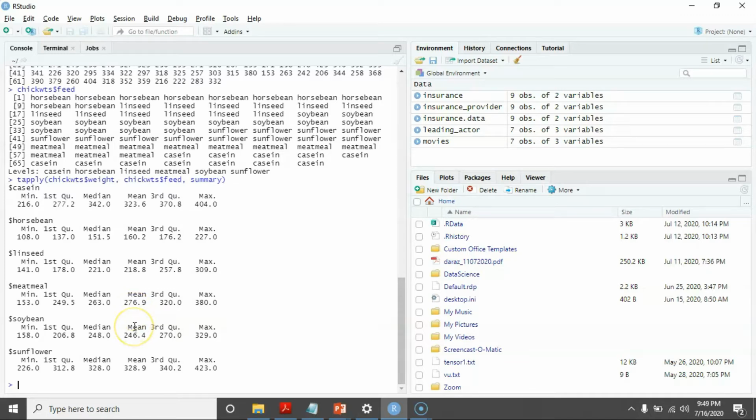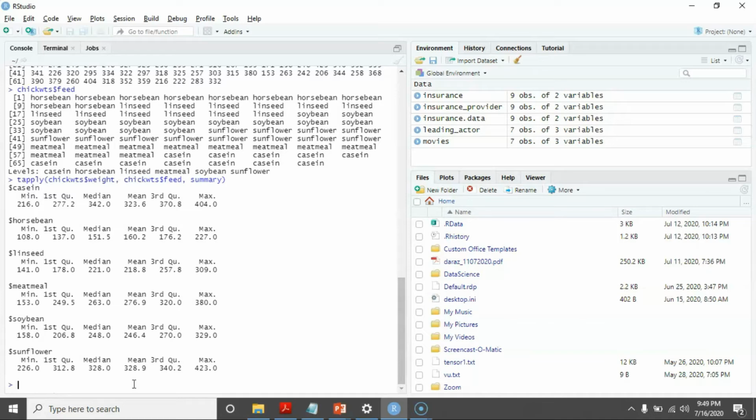Then soybean and then sunflower. You can very easily see that casein and sunflower have strong competition, because both of them are very close in terms of minimum, maximum and average, or mean.